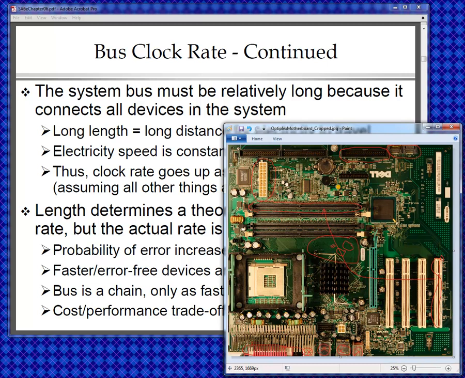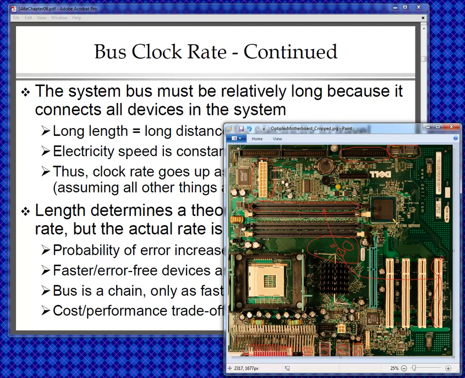Think of how much shorter the connections are between, say, chips in your cell phone. But in a computer system, you've got disk drives attached, you've got DIMMs, you've got the CPU, you've got all these external connectors down here at the bottom, you've got a video card here with a monitor attached, maybe you've got some graphics cards. It's just the nature of a computer system that because it's got a lot of attached devices, the bus that connects those devices has to be relatively long.